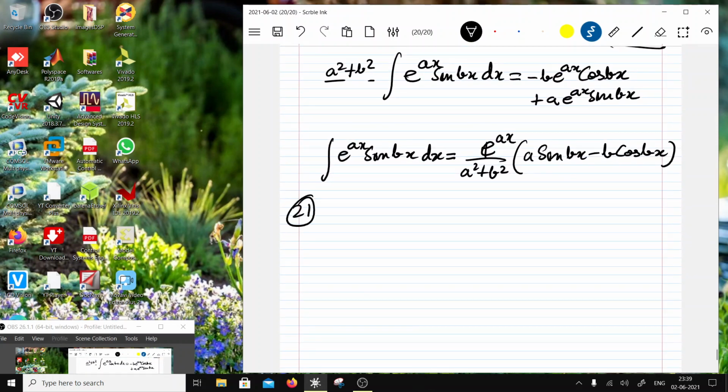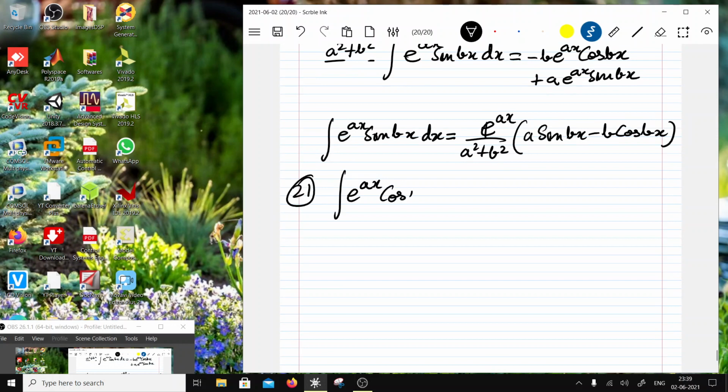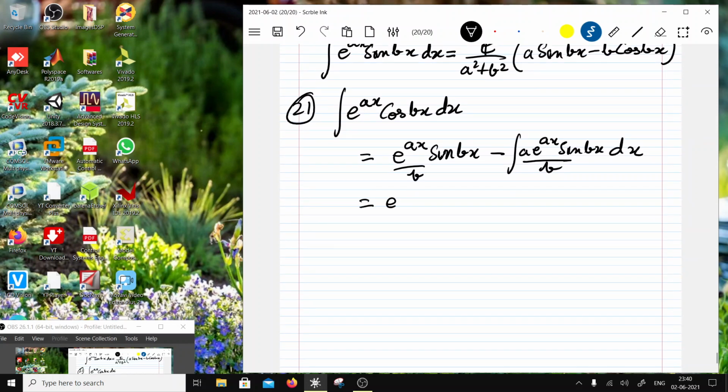21, let's do integral e raised to ax cos of bx dx. So in this case, let's do by parts. This is equal to first term into integral of second term, which would be sine of bx by b, minus integral of derivative of first term, integral of second term dx. Okay, so let's integrate by parts again.